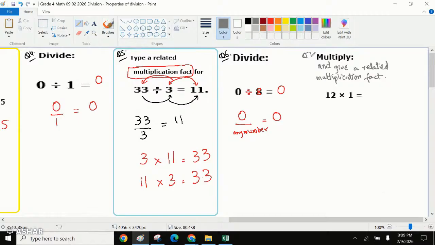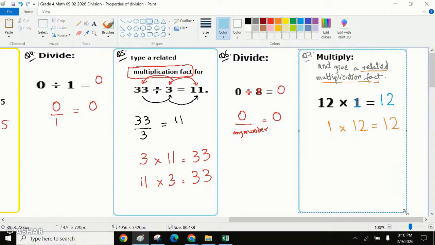So for question number 7, if they are saying 12 multiplied by 1, we know that 12 multiplied by 1 would be 12, any number when multiplied by 1 stays the same, right? But if we have to give the related multiplication fact, we have to also write this. 1 multiplied by 12 would also give the same answer. Agreed? So our answer will depend on the question, okay?